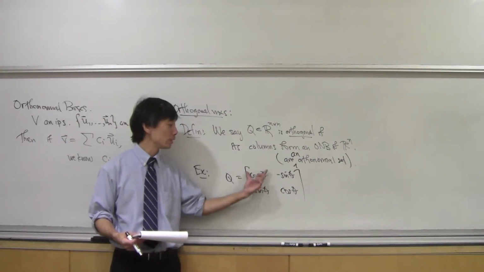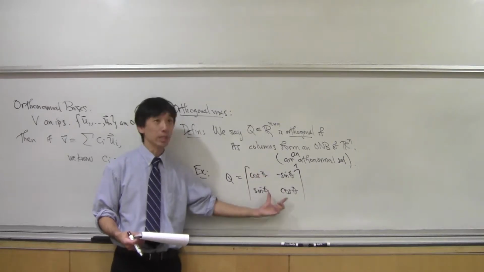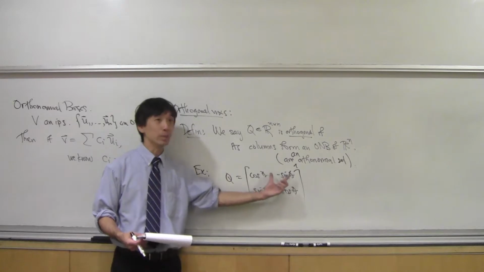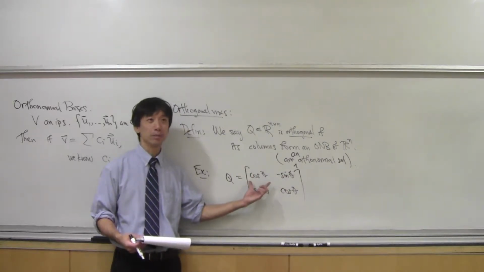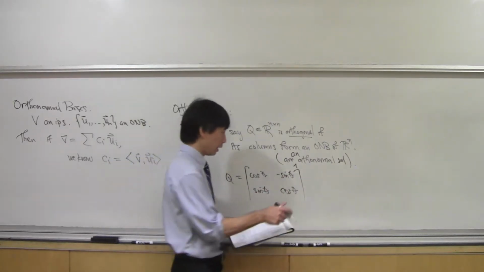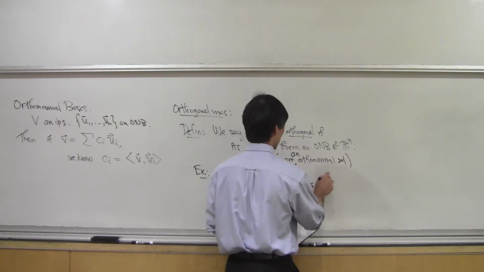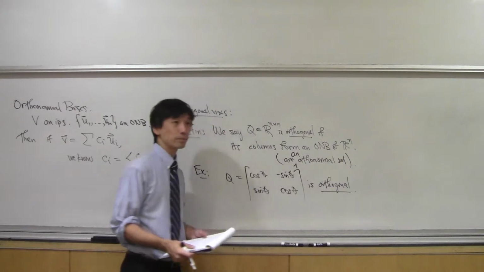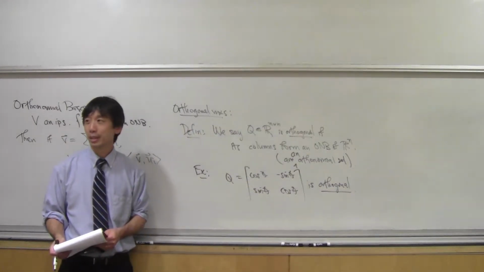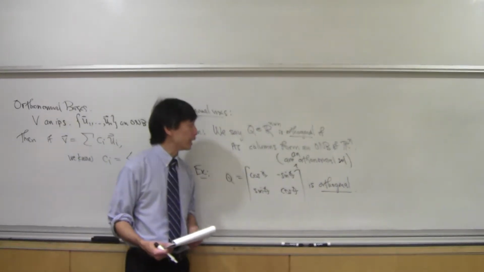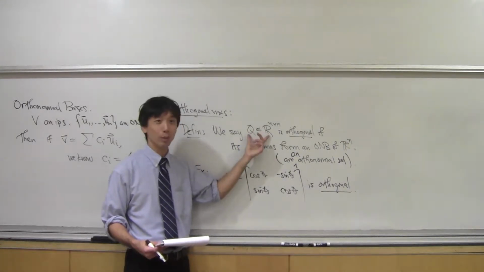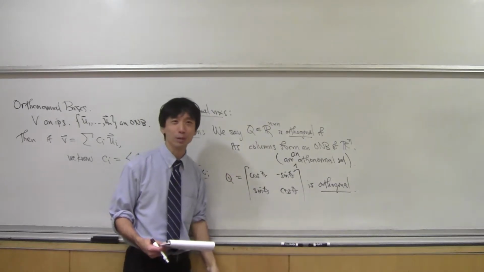Because the columns are perpendicular to each other, and the magnitude of each column is 1. I always feel like this should be called an orthonormal matrix, right? Why not call it an orthonormal matrix instead of an orthogonal matrix? But the terminology is orthogonal matrix.